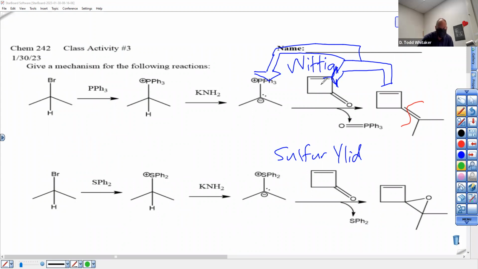You've got to review your other reactions, everybody. If I needed to make that from an alcohol, which I am forced to in the next problem on the next page, PCC oxidation of alcohols gives ketones if it's a secondary alcohol, aldehyde if it was a primary.